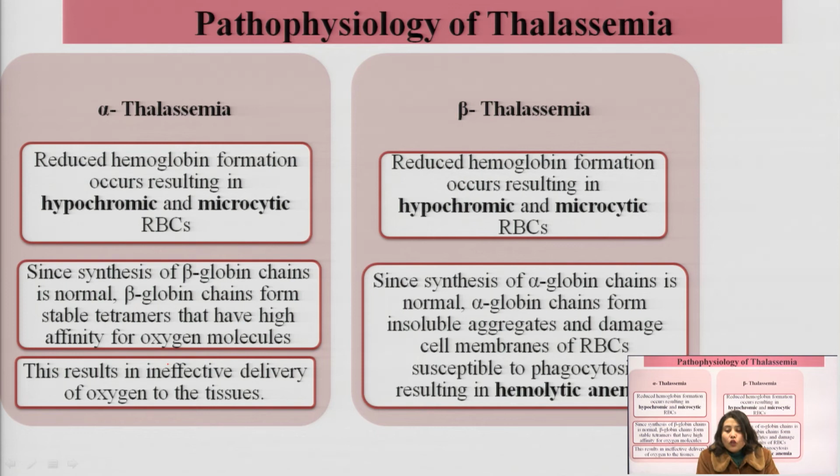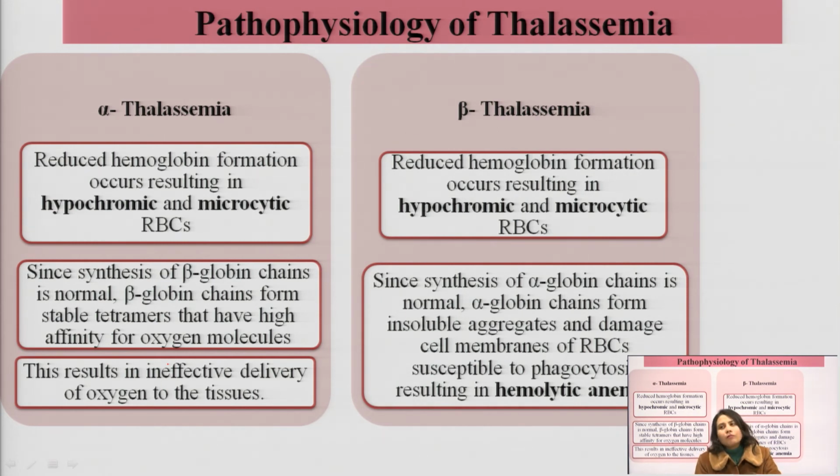When these insoluble aggregates, these clusters of alpha globin chains, are formed, they can damage the RBCs, the cell membranes of the RBCs. When the cell membranes are damaged, it will ultimately result in hemolysis.